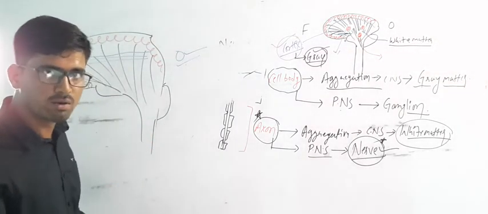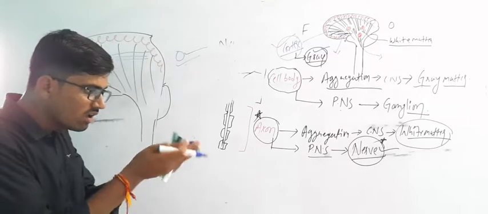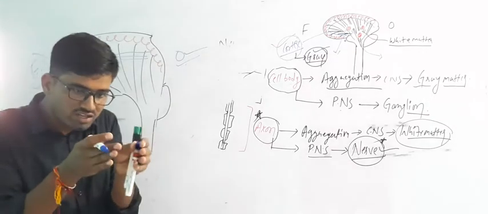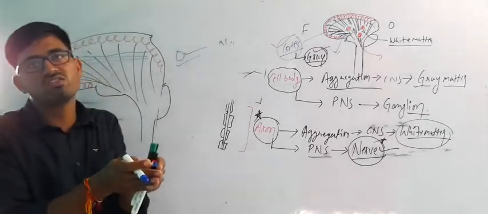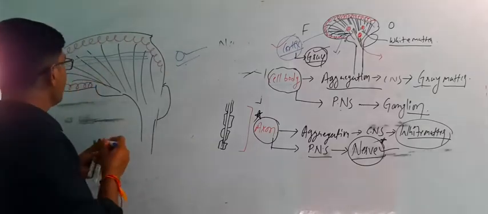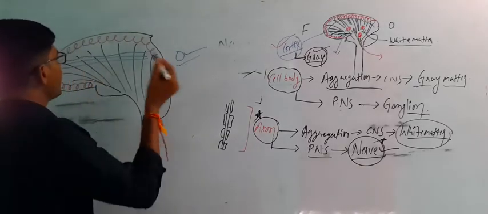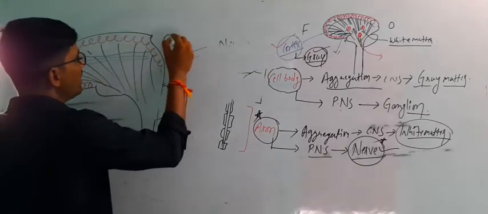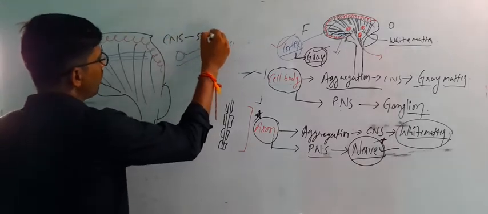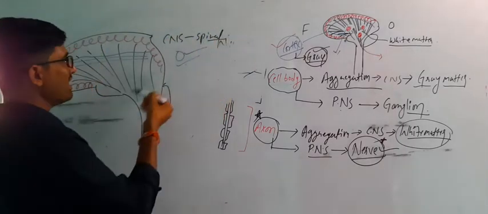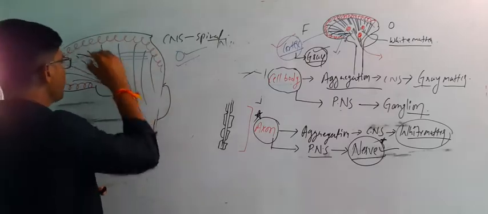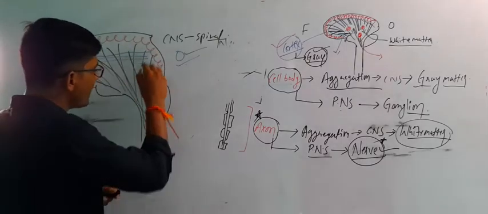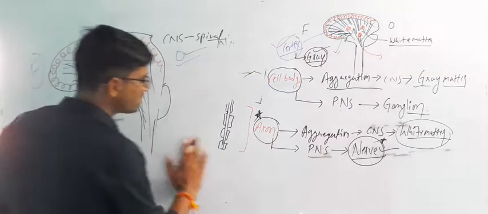Corpus callosum is the example. It is joining these two cerebral hemispheres. And one more set of fibers connects the central nervous system, also thalamus, to the spinal cord, and those are called projection fibers.